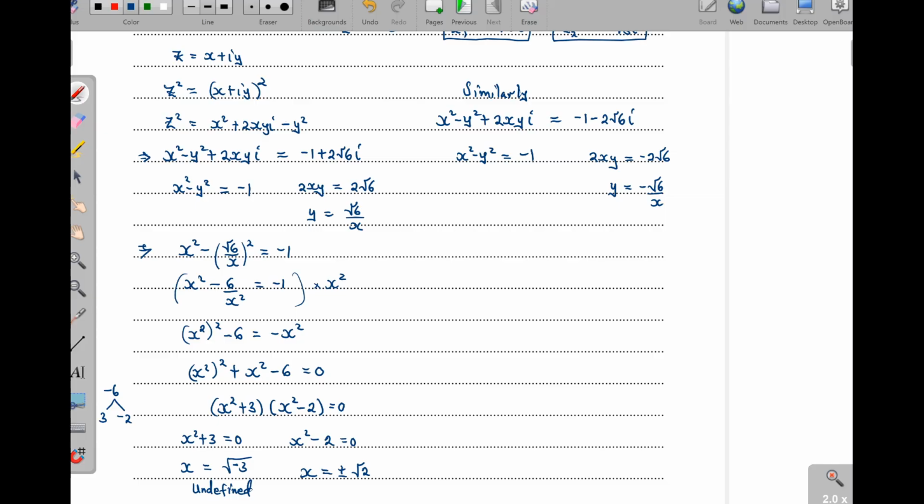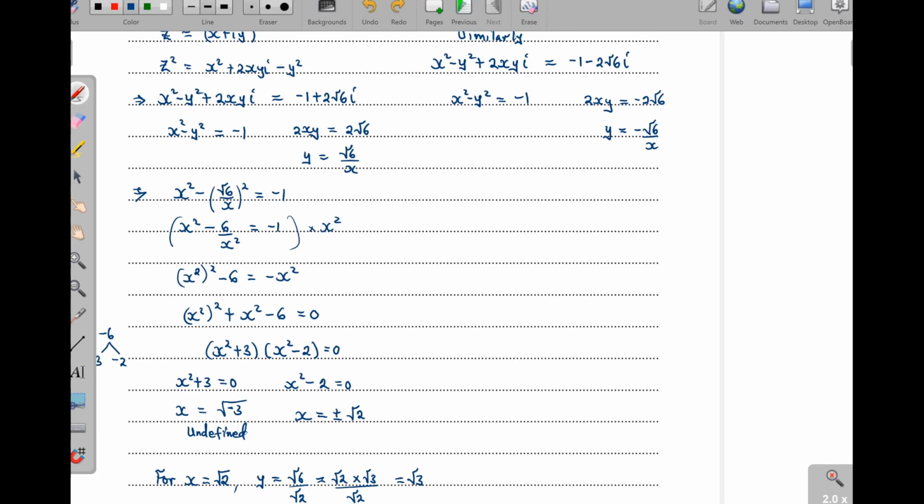So solving this, of course, you are going to put this one in here, and then you are going to get the same values of x, because now you are going to have x squared minus 6, root of 6, it's a negative. Let me show you. So you get this, then put it in here.